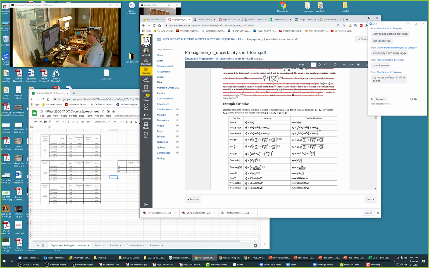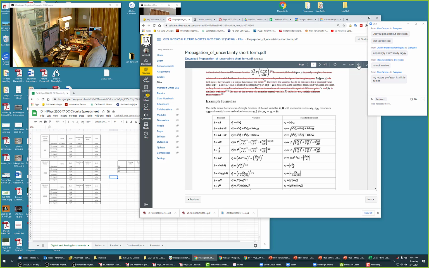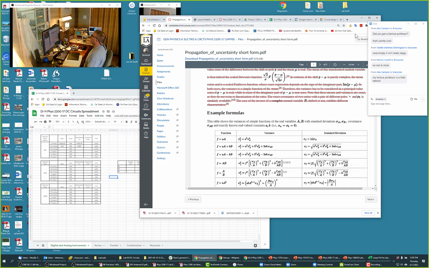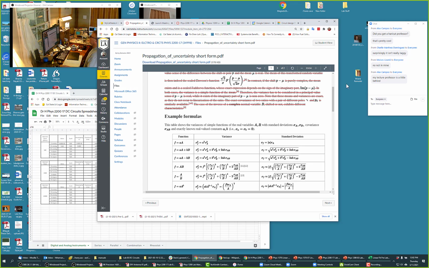The big deal to remember here is that for us, any things like the sigma AB, that's the cross correlation. If the error on one measurement affects the error on another one, but for us it's never true. So sigma AB is always 0. So you ignore anything with sigma AB.